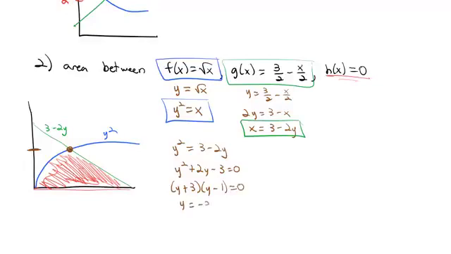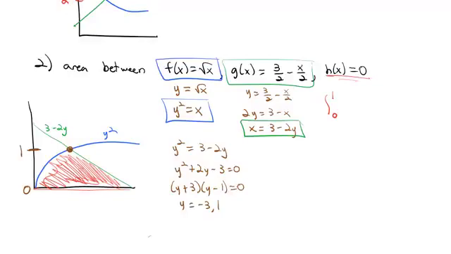So y is negative 3 or positive 1. Well, if we had gone off with our y squared, we would have ended up with that negative 3 value down there. But we're interested, for our purposes, in just that 1. The y's are going from 0 up to 1. That's what we want to integrate. We're going to integrate the y's from 0 to 1.